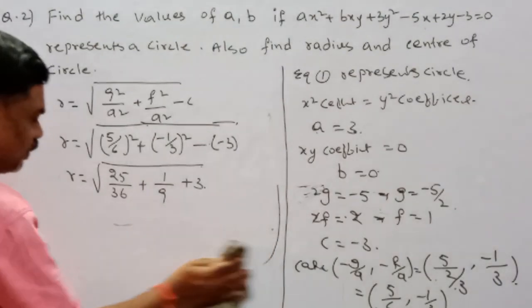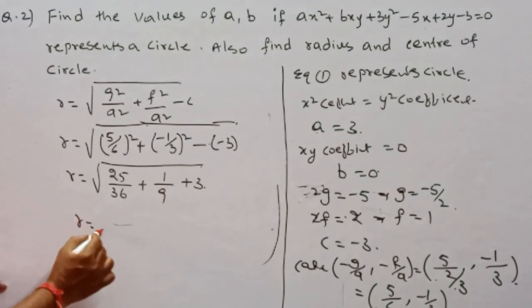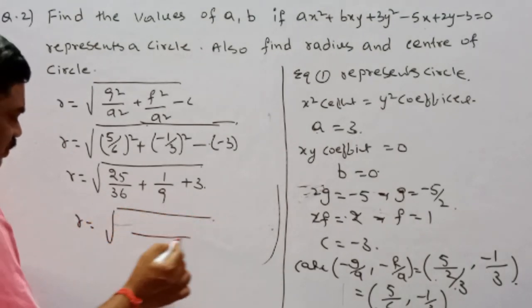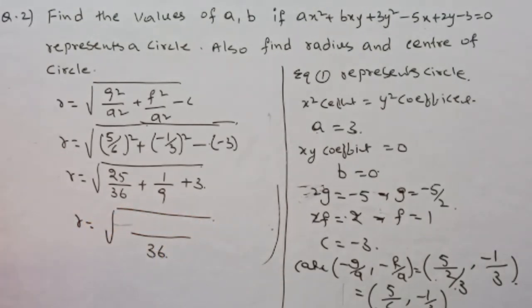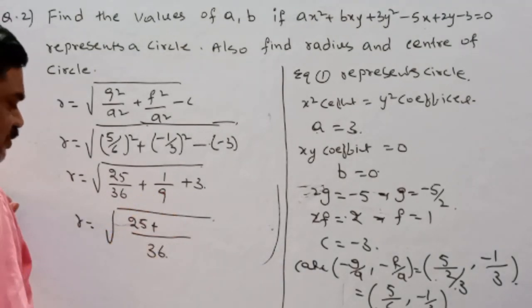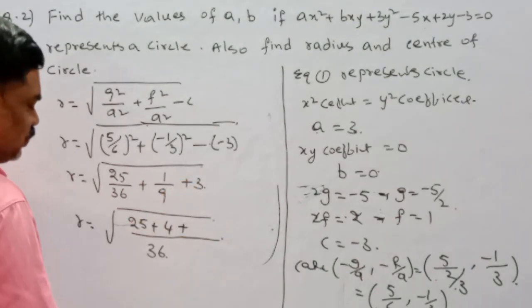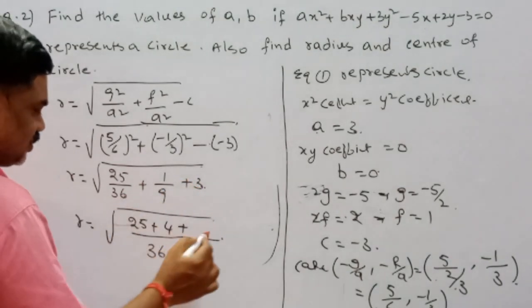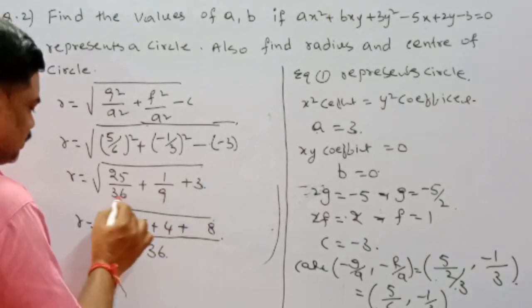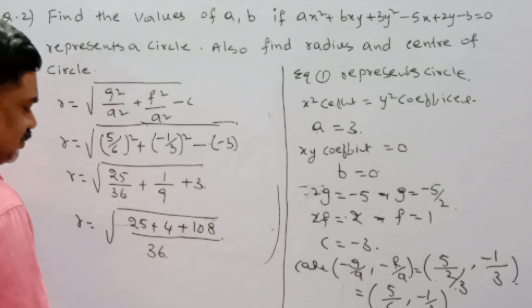So you simplify this one. Here R is equal to root over, 36 is the LCM. This is 25, 9 4s are 36, so 4, plus 3 into 36, 3 6s are 18, 3 3s are 9, 9 plus 1 is 10, so 108.